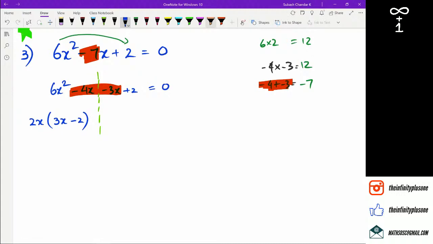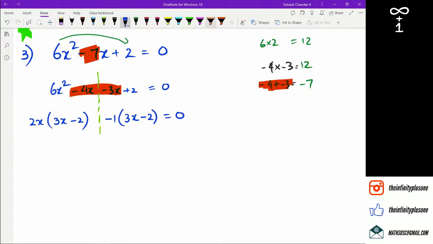However, if you look at minus 3x plus 2, this is what I meant. You can't take 1 out, you have to take -1 out, because when you take out -1, the bracket ends up being 3x minus 2, and that's equal to 0.